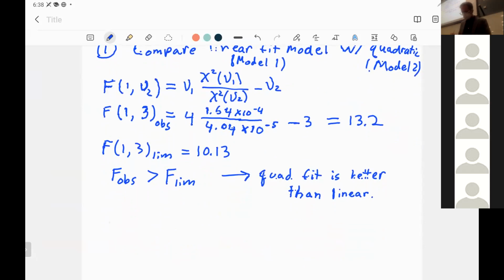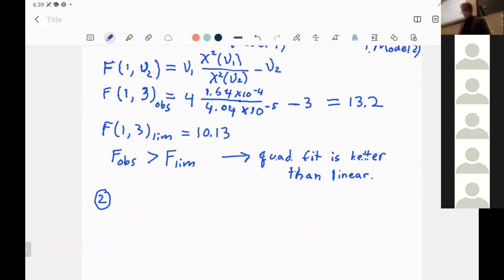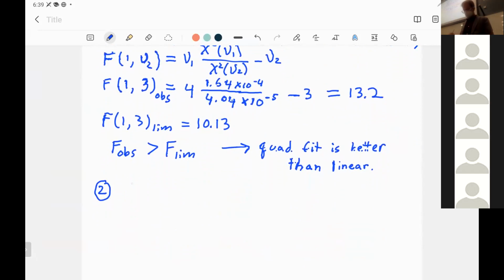Okay. And then in the second part of this problem, we're going to do the same thing, but now we're going to compare quadratic to cubic.